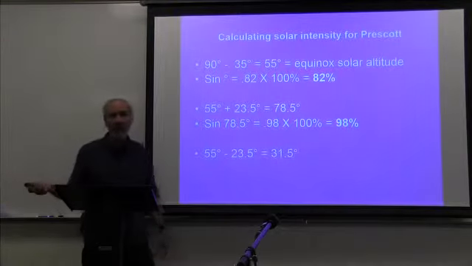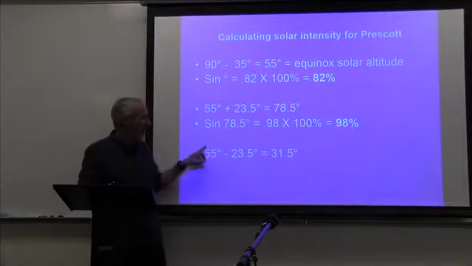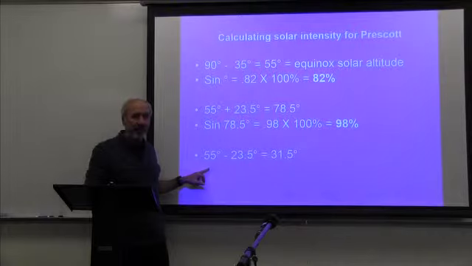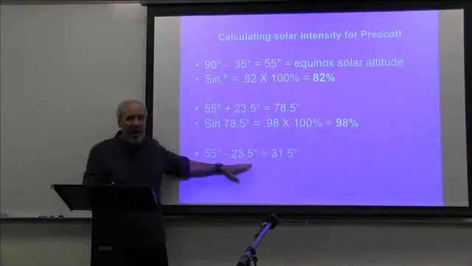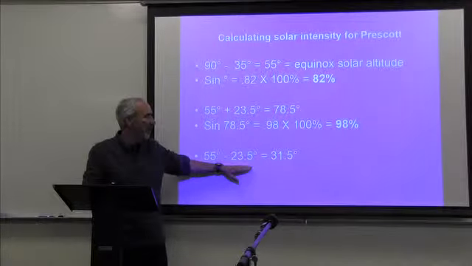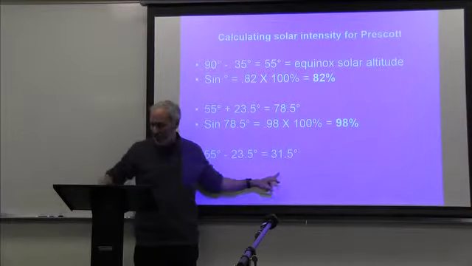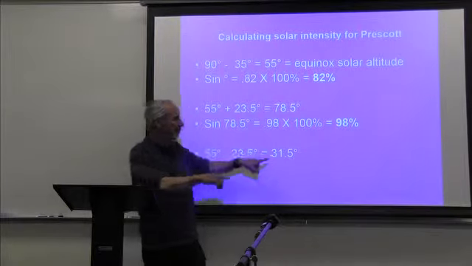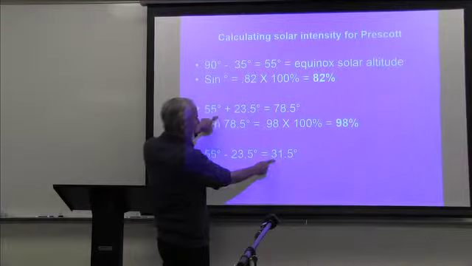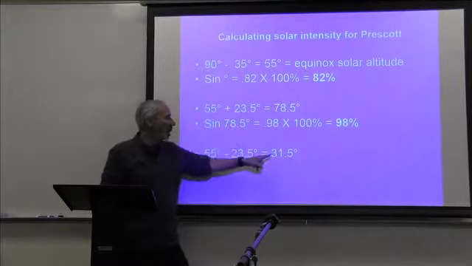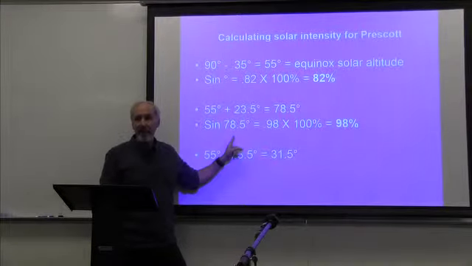Now, let's run the numbers for the winter solstice. Our equinox solar altitude, 55 degrees, subtract the tilt of the Earth, 23.5. We come up with 31.5. So look at the difference between these two numbers here. The difference is always going to be 47 degrees.